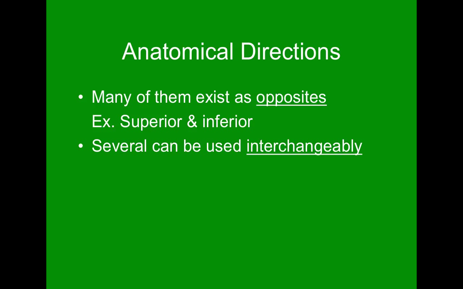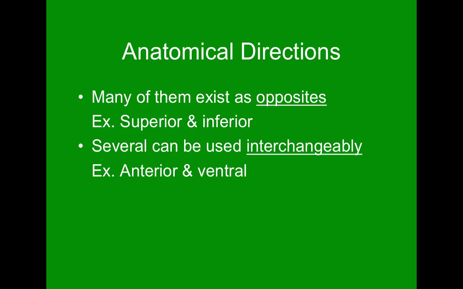These synonyms do not work on things like dogs and cats because they are oriented differently in anatomical position. But for instance, anterior and ventral can be used interchangeably, unless it's a specific name of something that uses either anterior or ventral, in which case you can go ahead and interchange those.